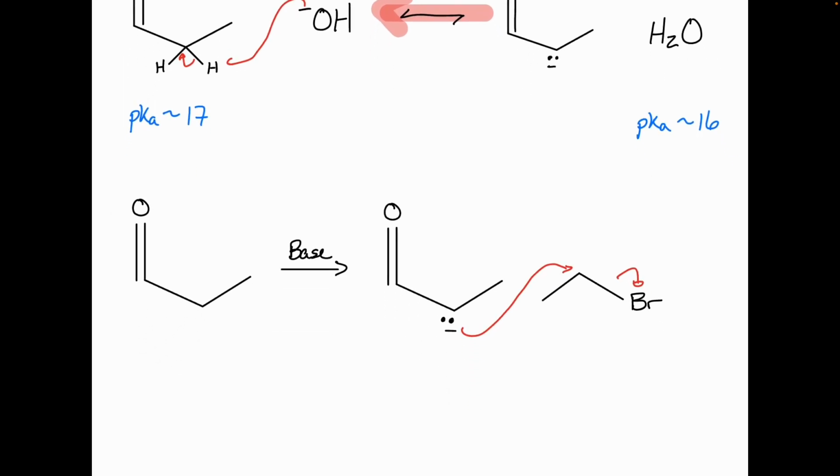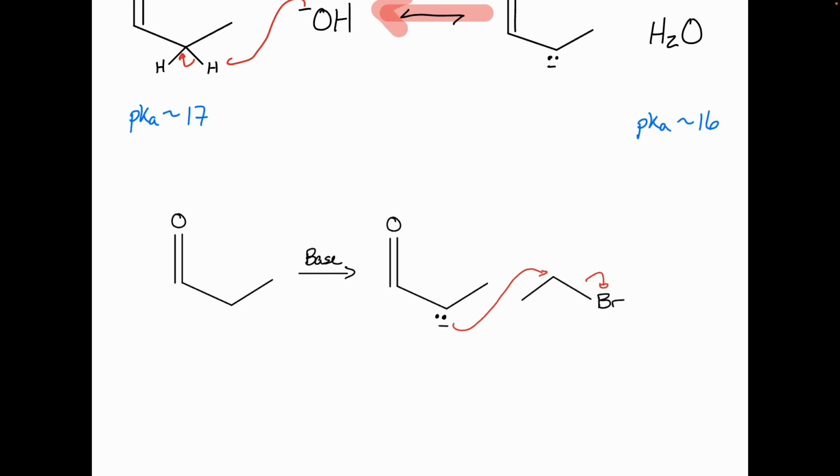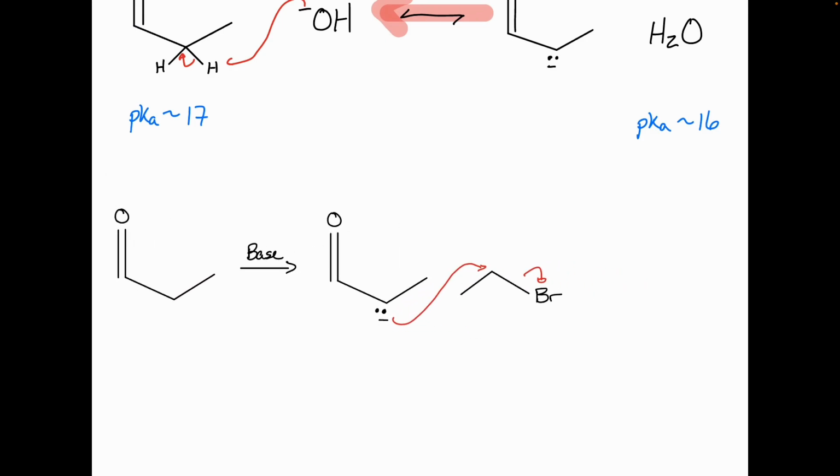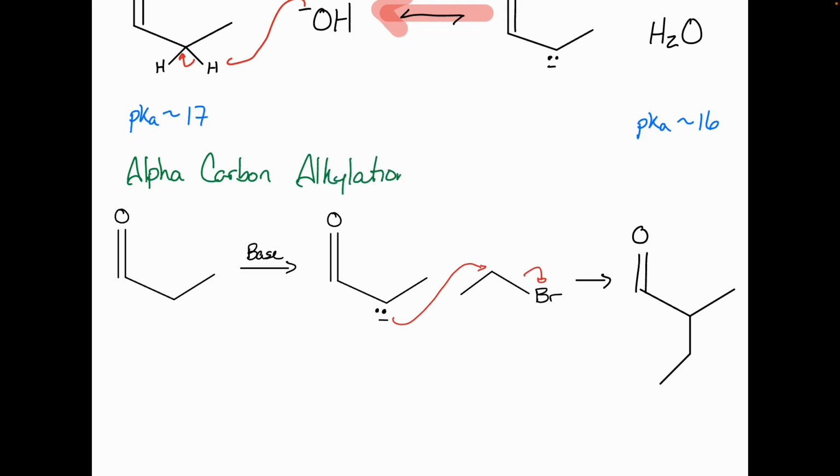And we get this alkylation reaction. Putting, in this case, 2 new carbons on that alpha carbon. So this was the alpha carbon alkylation reactions. This was actually the first type of reaction we were talking about with those nucleophilic carbons.